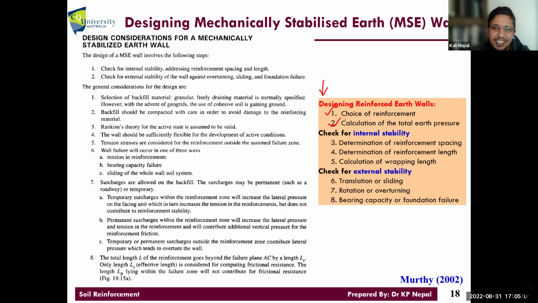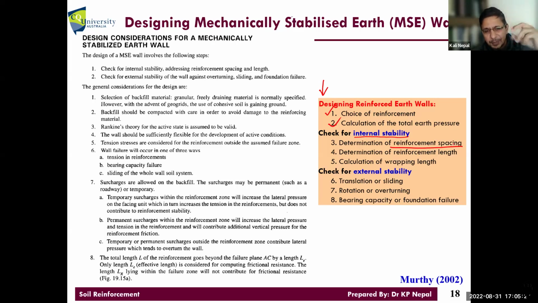Now you need to check for internal stability, that is, for the reinforcement itself: what is the spacing, where to put it in the wall, what are the vertical spacing and the horizontal spacing.